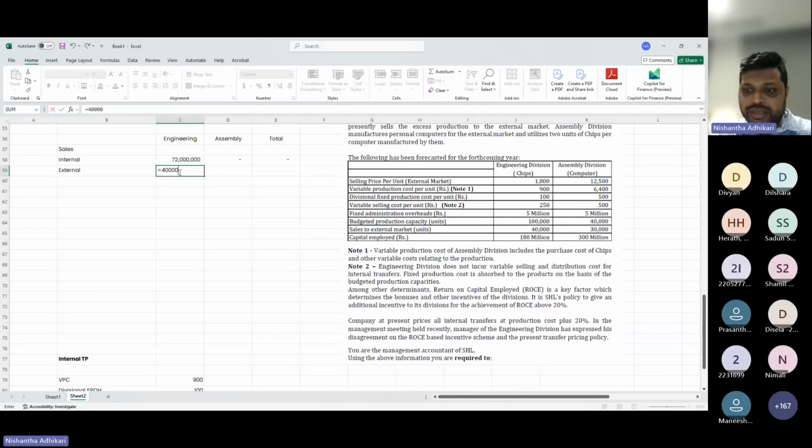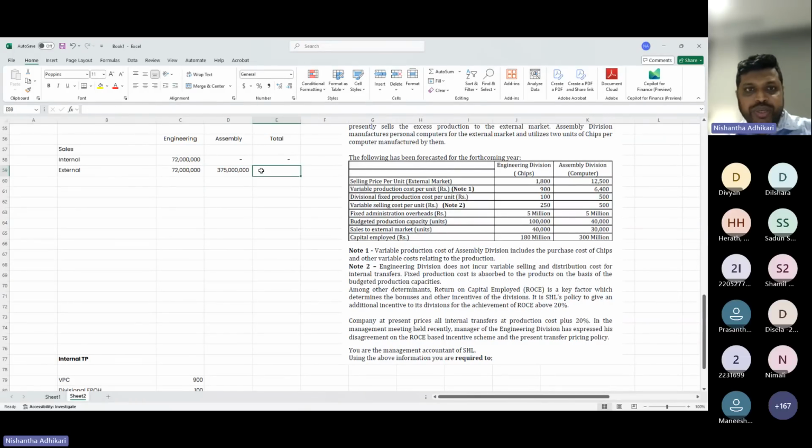External selling price is 1,800. Right. Assembly division, they sell 30,000 units. Selling price is 12,500. Then you can take the total, those sold to the external market, to be added together.